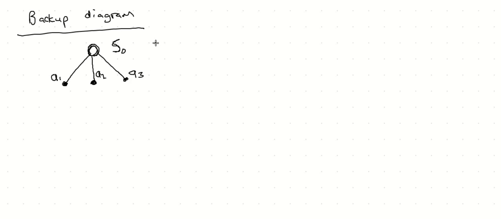So we define pi of A given S0 to be the probability that you take a particular action from state S0. So we can have some kind of definition like, the probability of me taking action 1 in state S0 is equal to, let's say, 0.2.